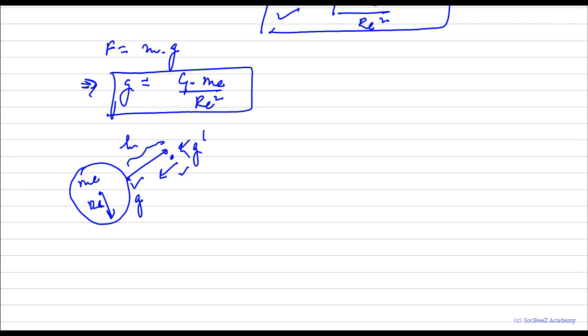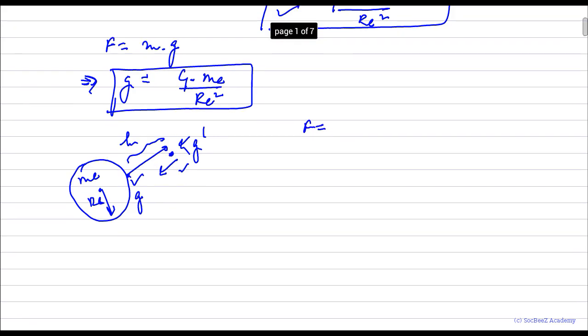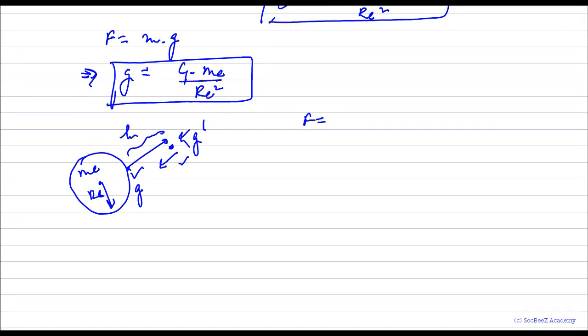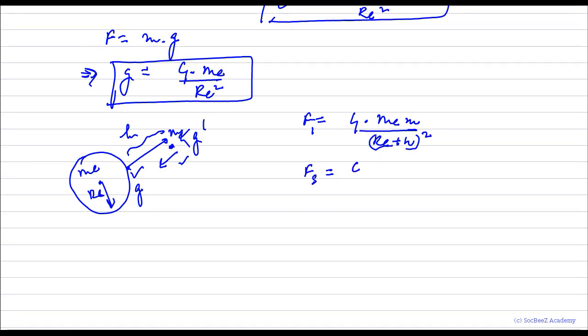We just need to use the expression F equals... If the force of attraction between the Earth and the body of mass m at this point is F1, then F1 is equal to G into Me into m upon (Re plus h) square, and F on the surface of the Earth, let's say Fs, is equal to G into Me into m upon Re square.